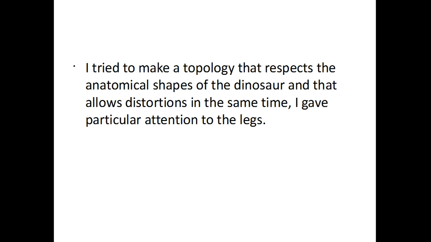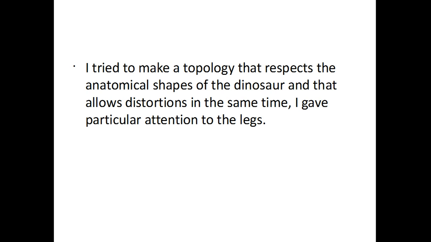So this is the low poly. In order to have a good low poly, I tried to make a topology that respects the anatomical shapes of the dinosaur and that allows at the same time deformations. And I gave particular attention to the legs, because the legs are the very moving part of the dinosaur in the animation.